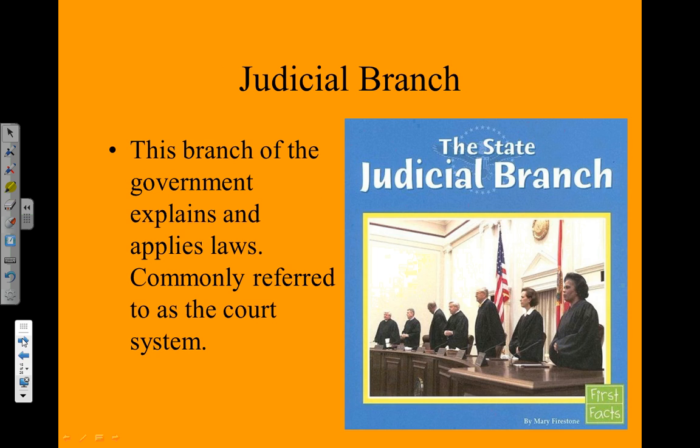Balance of power. One of the branches in our national government under the Constitution is the judicial branch. This branch of government explains and interprets laws. Very important. That's what they do. They explain and they apply laws. They commonly refer to the judicial branch as the court system.